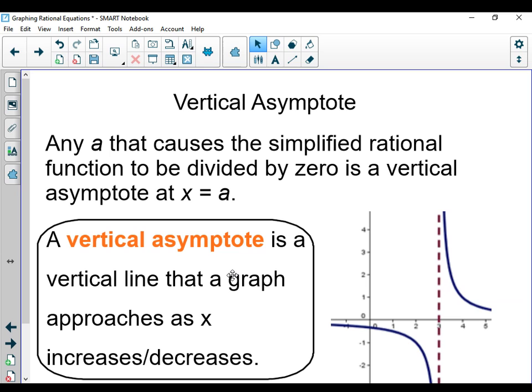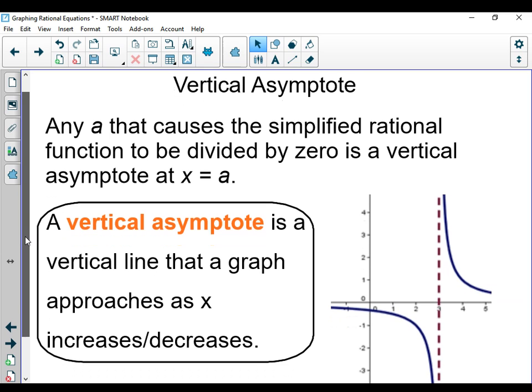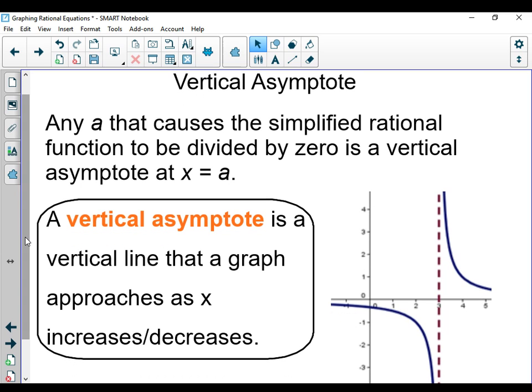I'm trying to make a one-page summary of just this chapter so you can see what I'm talking about. We look at our denominator because that's where we're finding restrictions on our domain, so that's where we're going to find all of those issues.